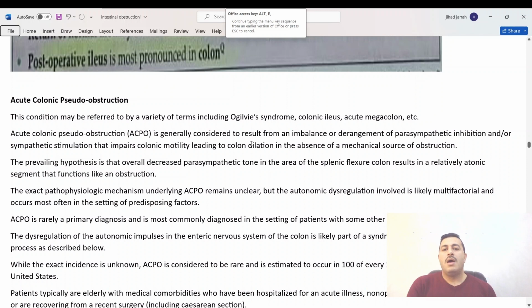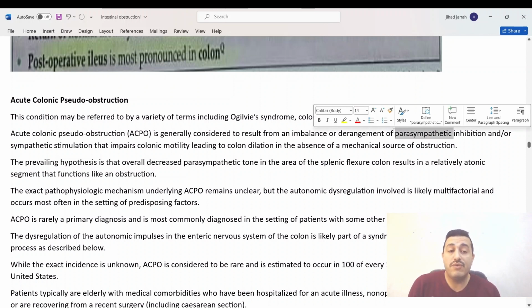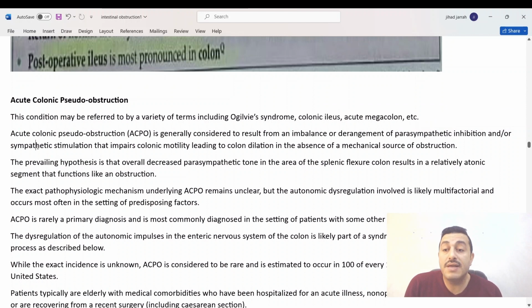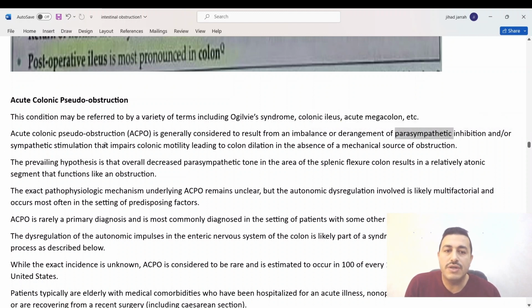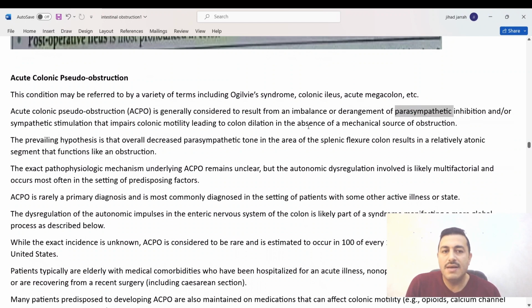About the pathophysiology, it's usually an imbalance between the parasympathetic and the sympathetic. We know that the parasympathetic is responsible for the motility of the bowel, and the sympathetic for decreasing or ceasing the motility of the bowel. So we have parasympathetic inhibition and sympathetic stimulation. This will lead to impaired colonic motility in the absence of a mechanical source.